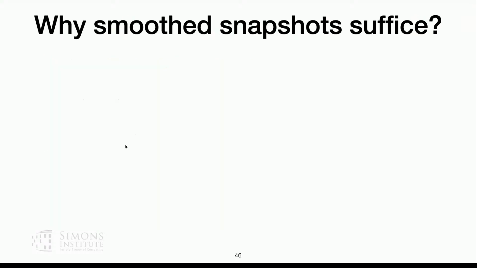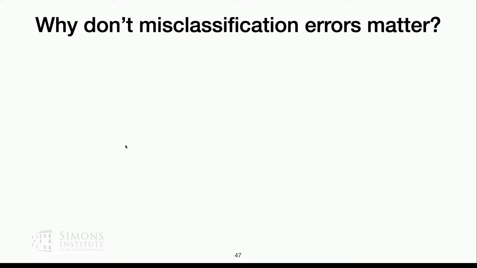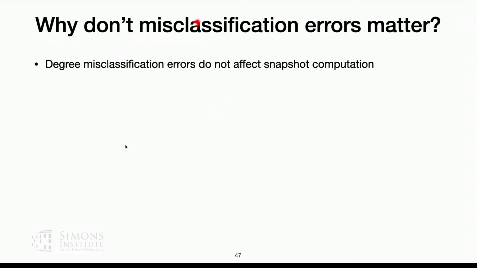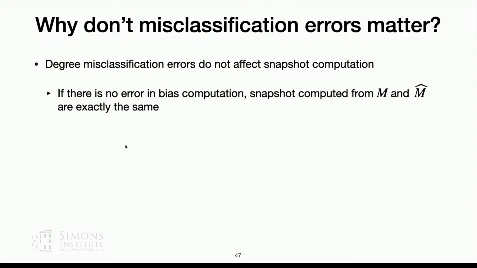The question is, why do these smooth snapshots even suffice? How do we get information about the refined snapshot from it? Basically, why don't misclassification errors matter in this sense? If you notice, degree misclassification errors do not actually affect snapshot computation. This is because, let's say there is no error in the bias computation, but only error in the degree computation.